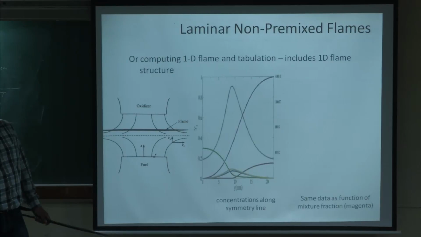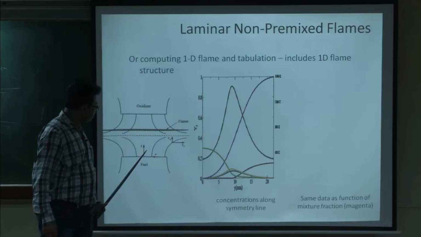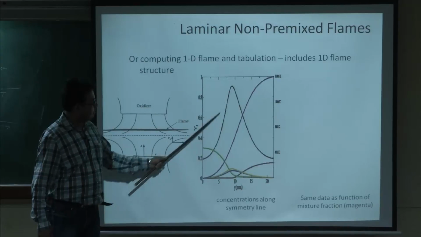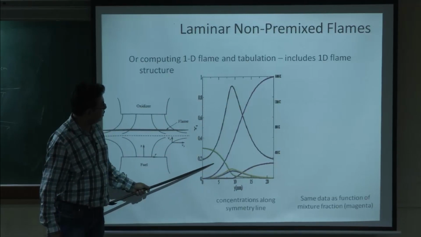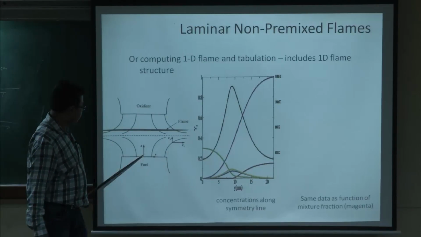As I said, for the counterflow diffusion flame, if you do the experiment and measure along the streamline the concentrations of different species and temperature, you will be able to see these variations. This is the fuel side.